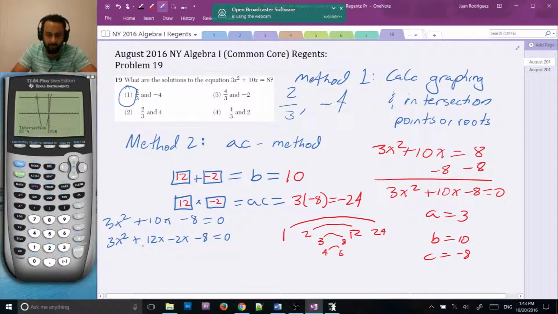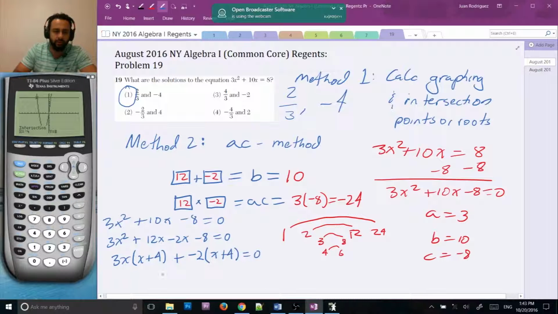Because these are the magic numbers that allow us to find a factoring of this polynomial. 3x squared and 12x have a common factor of 3x, giving 3x times x plus 4. Then negative 2x minus 8 has a common factor of 2 or negative 2. I'm going to use negative 2 because I want x plus 4 to be the factor pair.